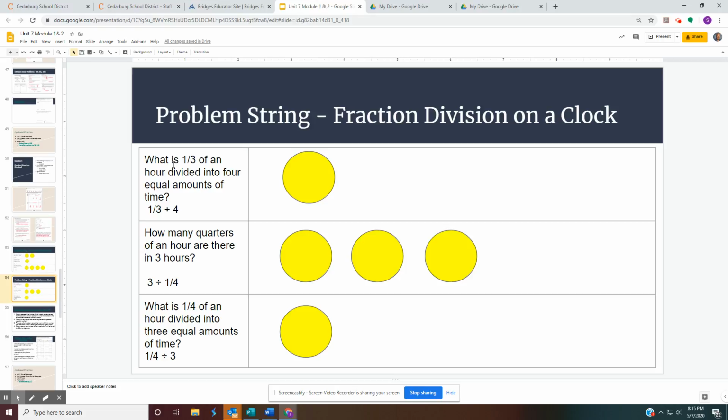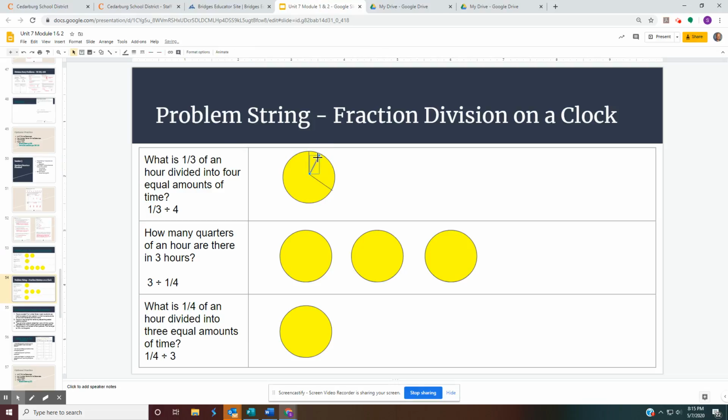Okay, so then what is 1/3 of an hour divided by 4? So again, we're going to draw our 1/3 of an hour. And now what you have to do is you have to ask, if I divide that by 4, how am I going to divide that by 4? Very simply.